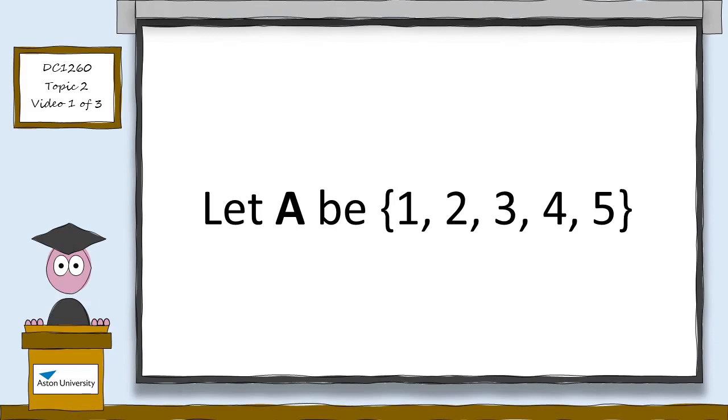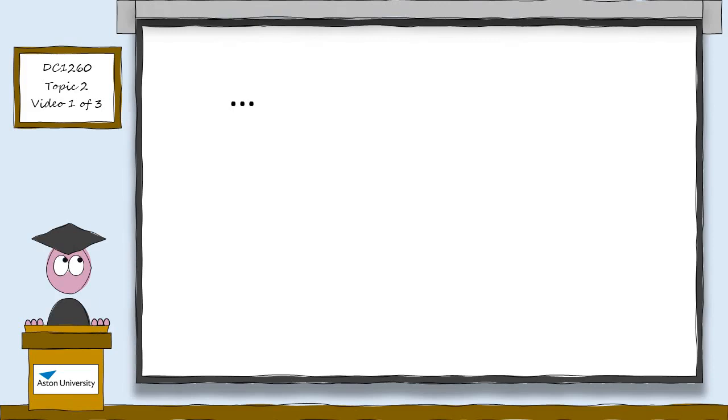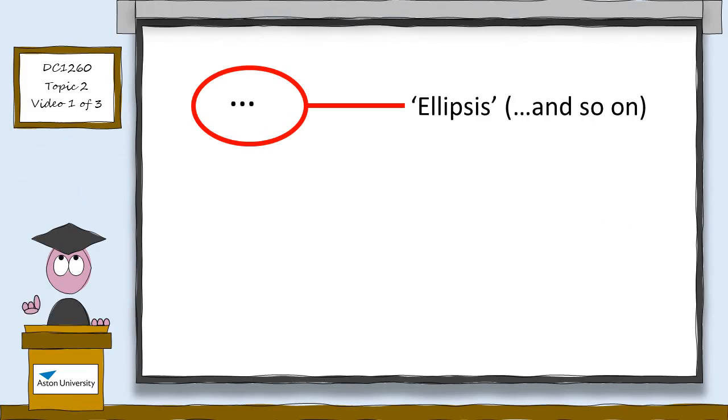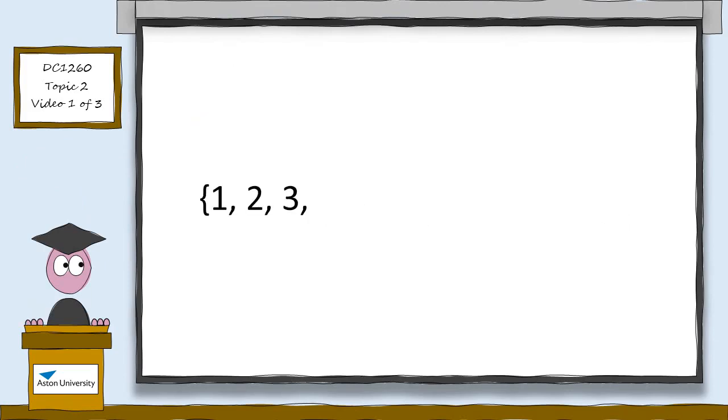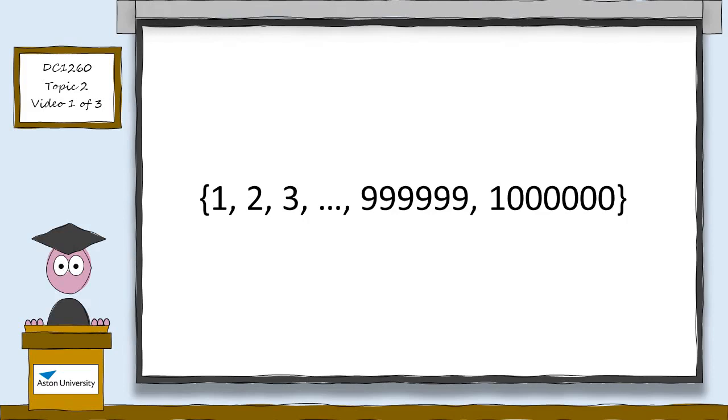Of course, defining a set of that size in this way would be time-consuming, so we have something of a shortcut. If we have an ellipsis within the set, think of it as meaning and so on. So 1, 2, 3, and so on, 999,999, 1,000,000, is a finite set of 1,000,000 integer elements.